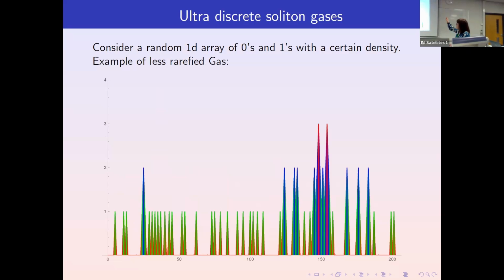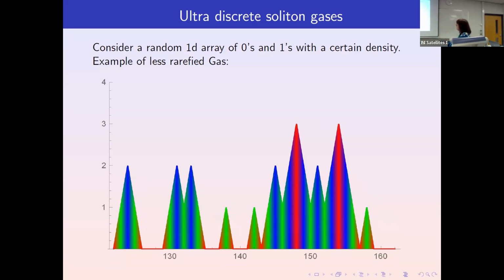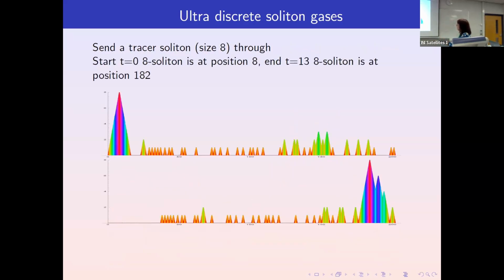If you want to work with a rarefied gas with not many solitons in it, that's fine, but you could work with something that's more solitons. And in fact, for the ultra-discrete situation, it doesn't really make any difference. Okay, and that's sort of just a blow up of what I've got.